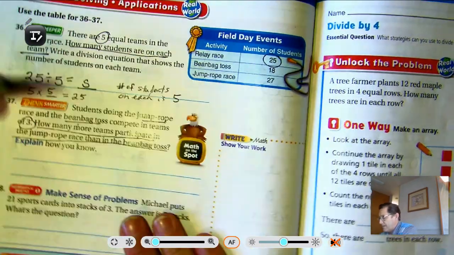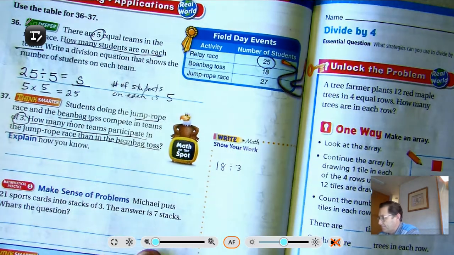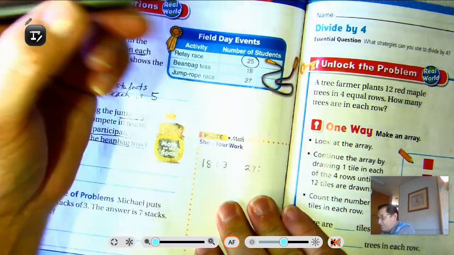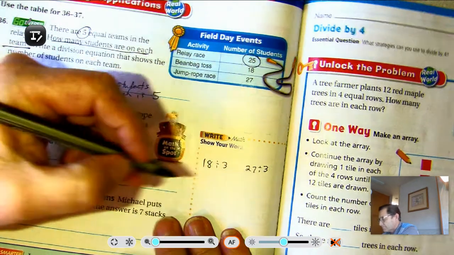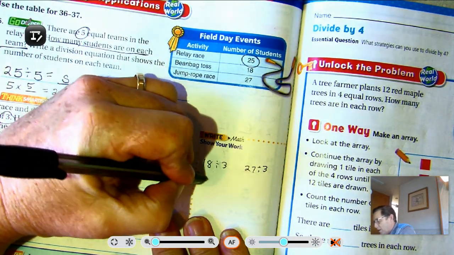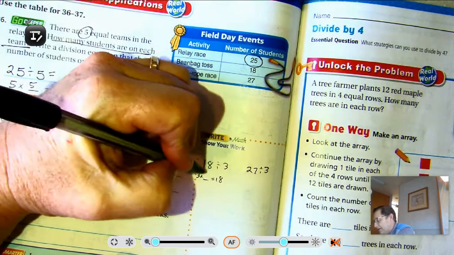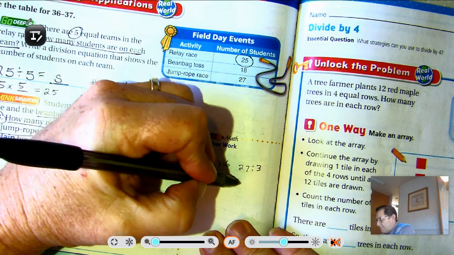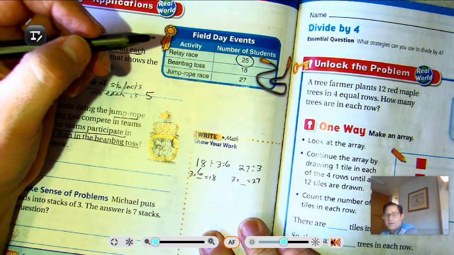All right, so beanbag toss, 18 divided by 3, and the jump rope race is 27 divided by 3. So 3 times what is 18? 6. Okay, so 18 divided by 3 is 6. 3 times what is 27? 3 times 9.